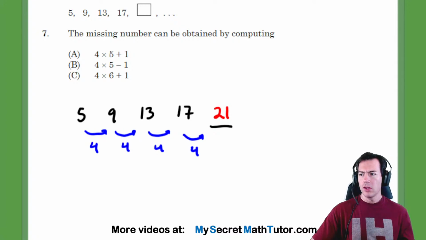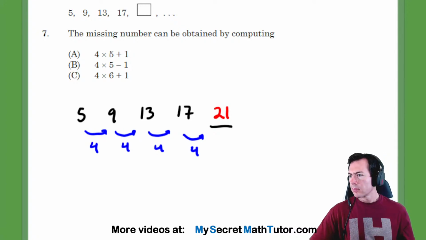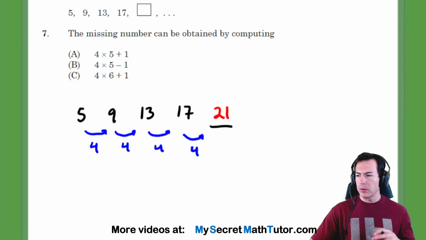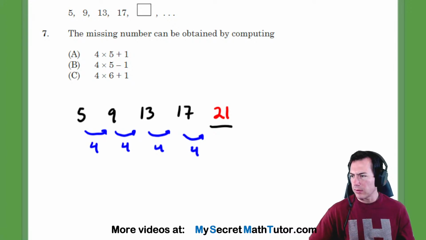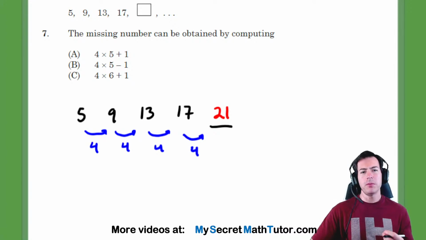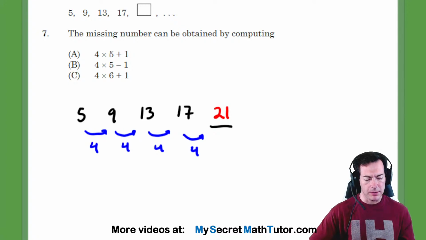So one of these should compute to be a 21. We can also see kind of really what's working into a formula. They're building what is known as kind of a closed formula for this. So with this formula, we should be able to plug in pretty much any number we want and get any number in the sequence. I can tell that because all of them involve this like multiplied by 4 piece.